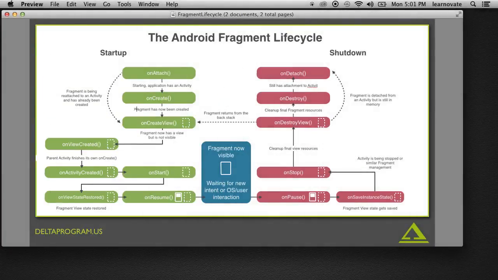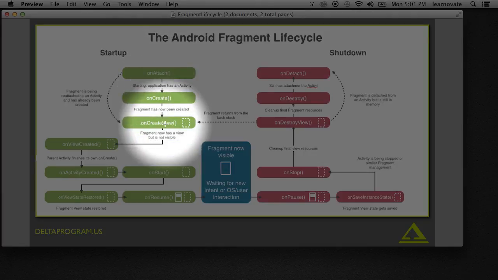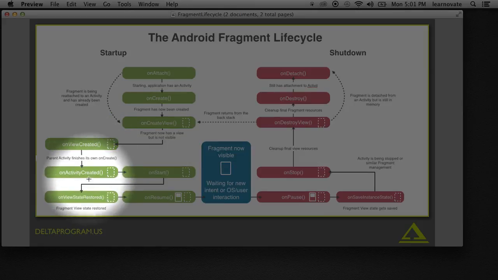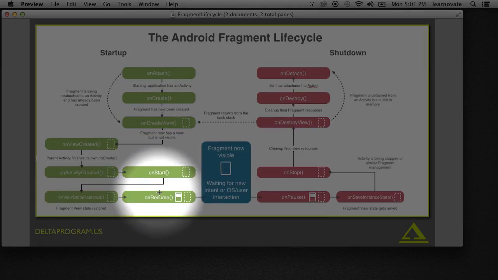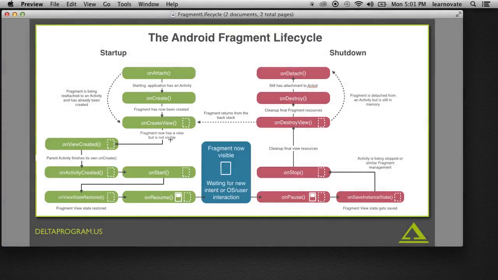The point is that throughout this life cycle, different particular moments will have different particular pieces available. And the reason why fragments are tricky for a lot of people is because they're not quite sure when particular variables are null and when they're actually pointing to something. You have to understand that Android handles the entire fragment connection between the activity behind the scenes.